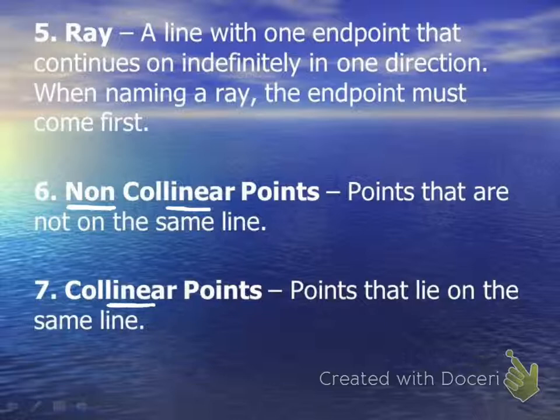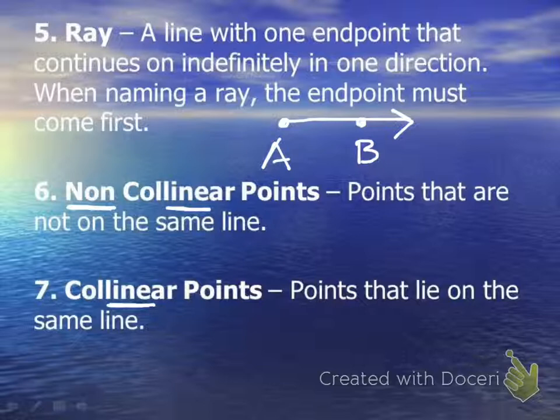Alright, first one on here is a ray. A ray is sort of like a line segment on one side and like a line on the other side. A ray has a definite starting point, but then it goes on and on forever in the other direction. So this ray starts right here, but then it's going on and on, out the window, across the street, to the right.